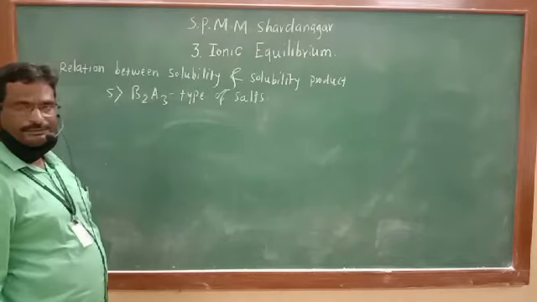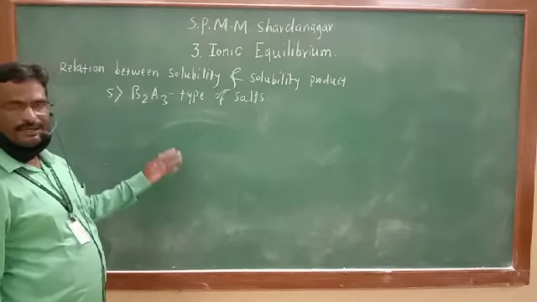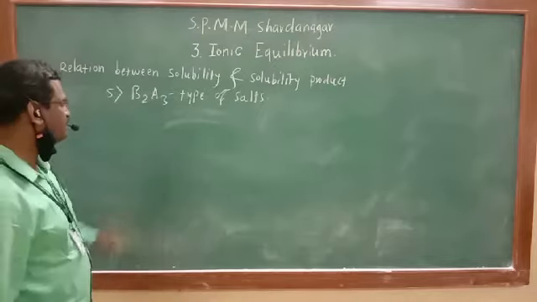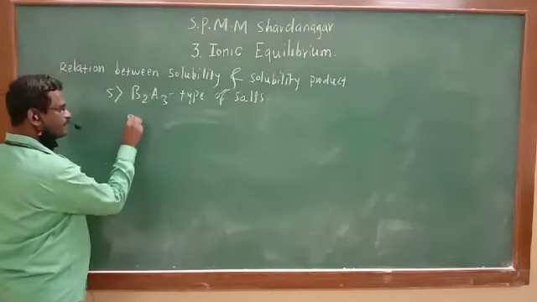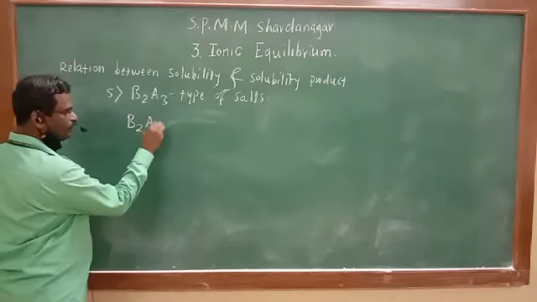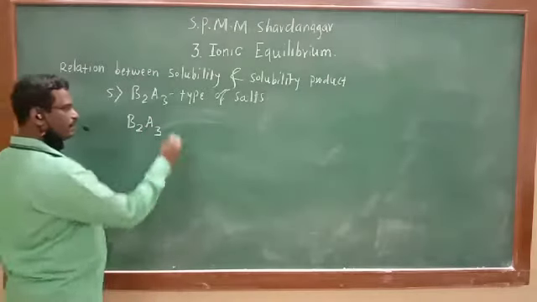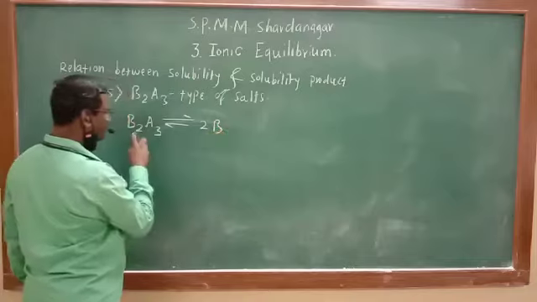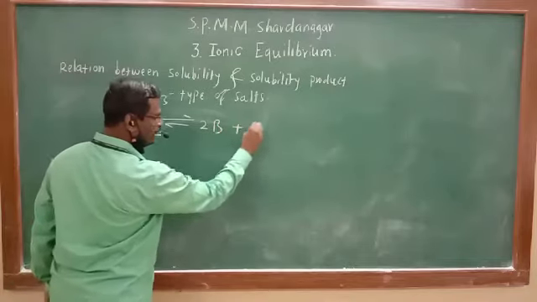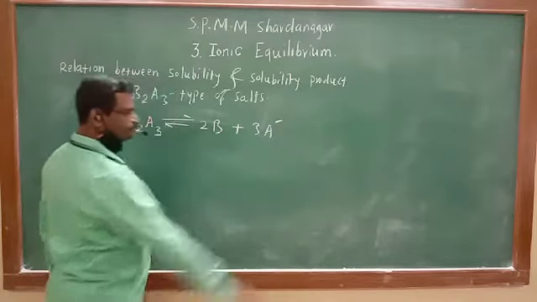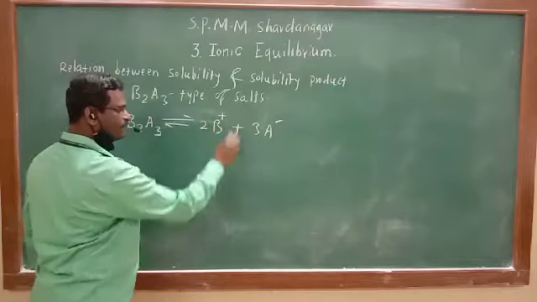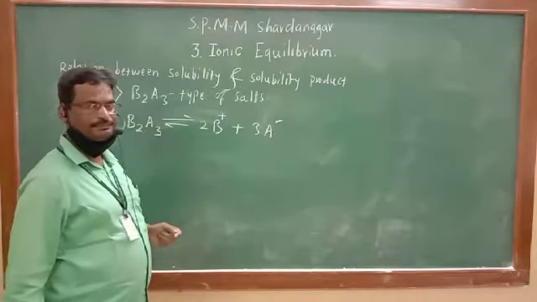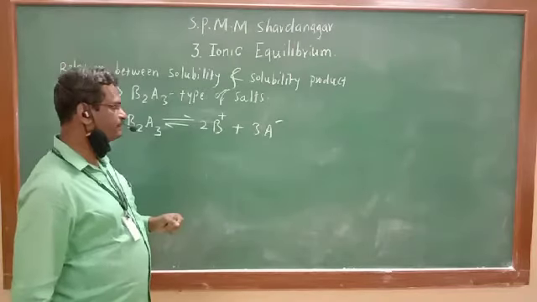Aluminium sulfate, calcium phosphate are the salts of this type, B2A3. See it carefully, B2A3. Write the dissociation. How many B? 2B. How many A? 3A. B plus and A minus. Balance the charges.